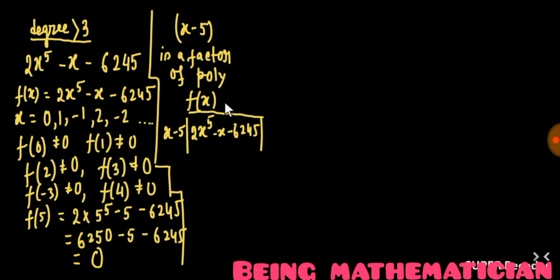Now first we take 2x to the power 4 and it will be 2x to the power 5 minus 10x to the power 4. Subtraction, now we get 10x to the power 4 minus x minus 6245.